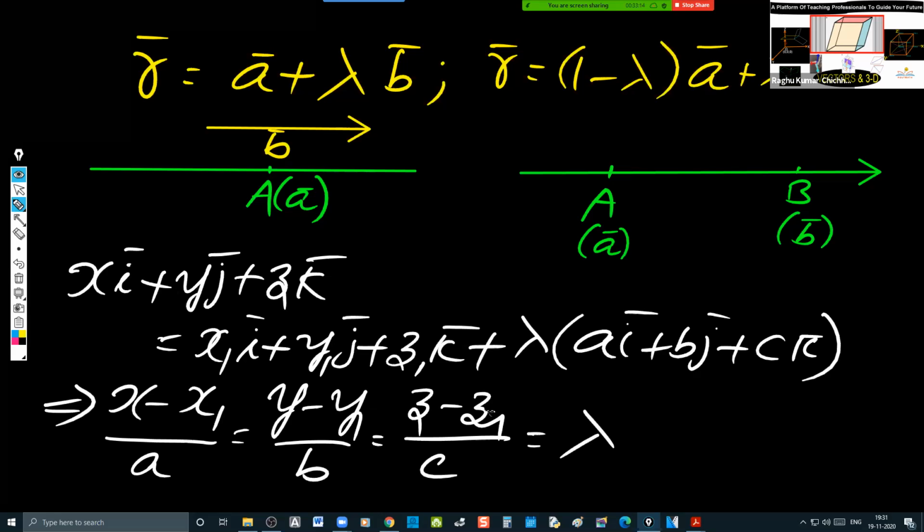Okay. Now, similarly, if it is passing through 2 points, then it will become like this. Passing through 2 points means you will have x1, y1, z1 here and x2, y2, z2 here.